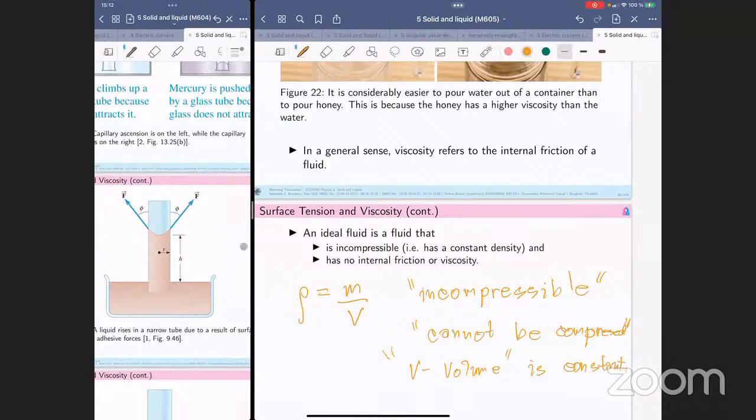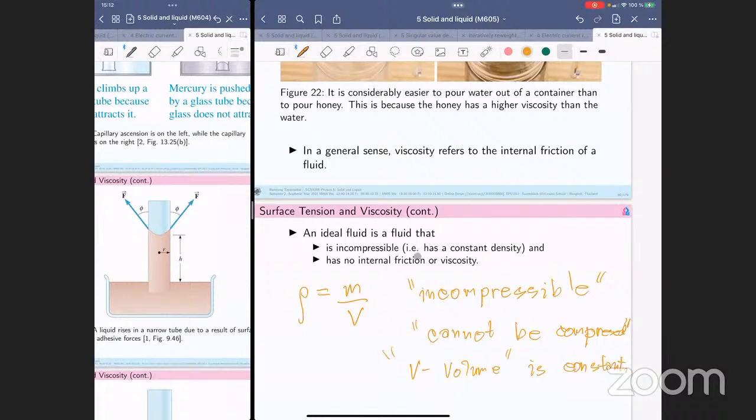When the volume is the same, and let's say we consider that fluid in a closed system, the mass of that fluid doesn't disappear. There is no leak of fluid at all, so the mass will be the same. When the mass is the same and the volume is the same, we will get the same value for the density. They say it has a constant density. Okay, and that's the reason.